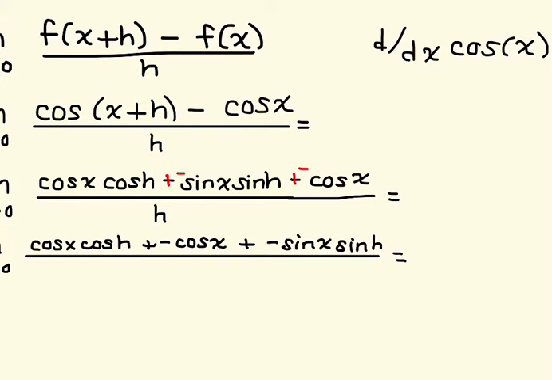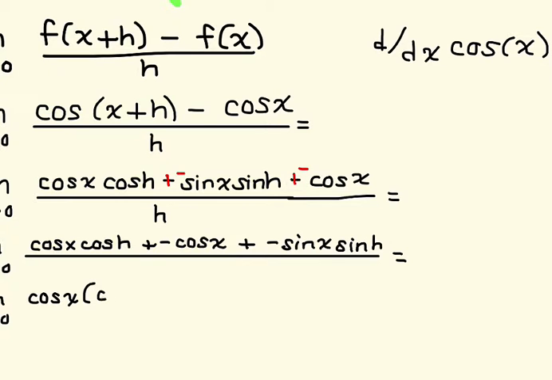Okay. So now the next step is very similar to when we found the derivative of the sine function. We're going to factor out the cosine of x from these two terms. If we factor out the cosine of x, we end up with cosine of h minus 1.